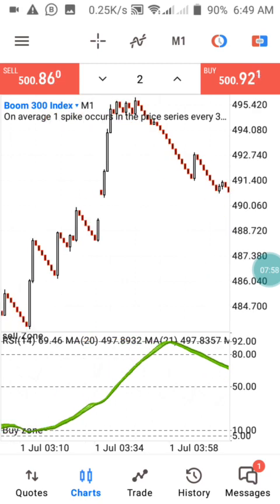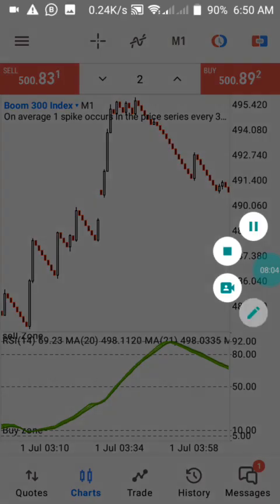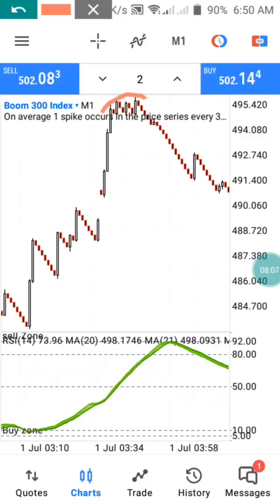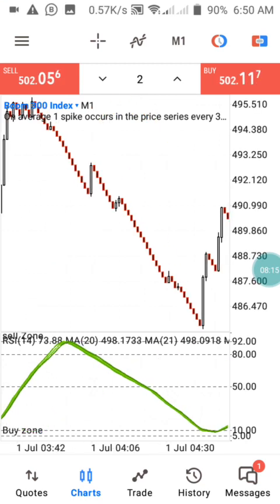So you can use it to catch a spike, and you can also use it to set down a market order. You can find an entry at this area, and make sure you set up your stop loss and your take profit according to this strategy.